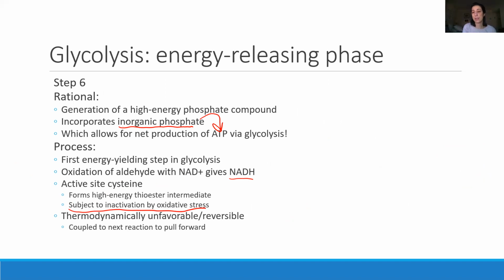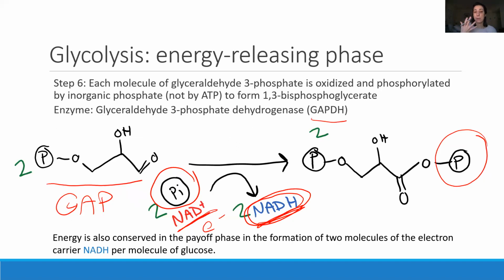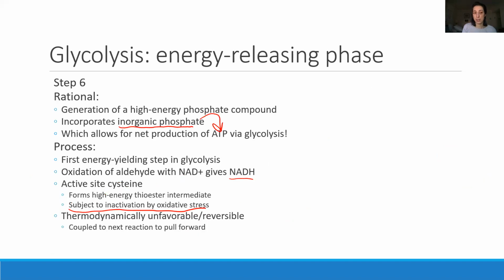I'm going to show you this in a second. But just note that GAPDH is very sensitive when you have oxidative stress. It is a reaction that is an oxidative process. So there is a redox reaction going on here. So it makes sense that this particular enzyme is sensitive to the oxidative environment.